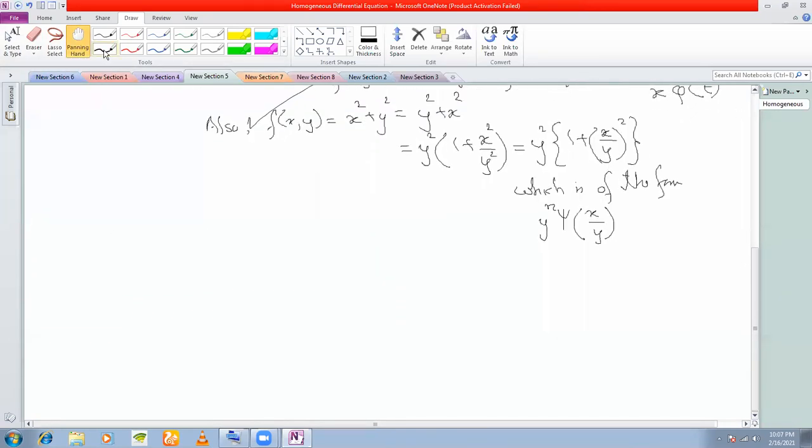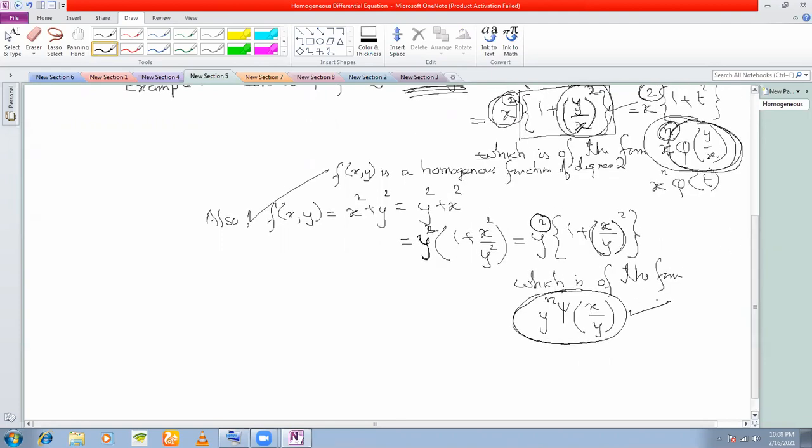Similarly, you can also express this function as y square times 1 plus x square by y square, which is y square times 1 plus x by y whole square, right? Which is of the form y to the power of n into some function of x by y. And if you see, what is the power of y here? 2. So either you express it as x to the power of n into some function of y by x, or y to the power of n into some function of x by y.